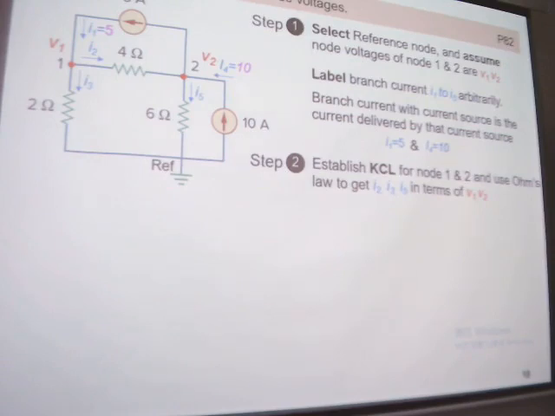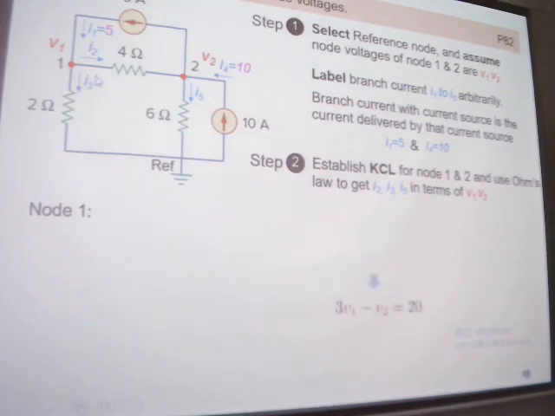So this method must be easier. Now at step 2, we need to use V1 and V2 to state the currents I2, I3, I5 because we already get I1 and I4. Okay, so now we just have 3 unknown variables.